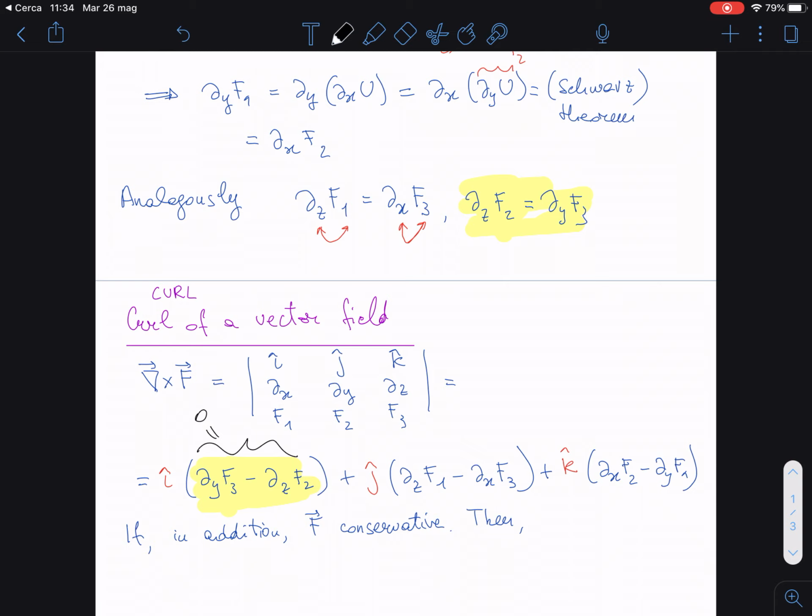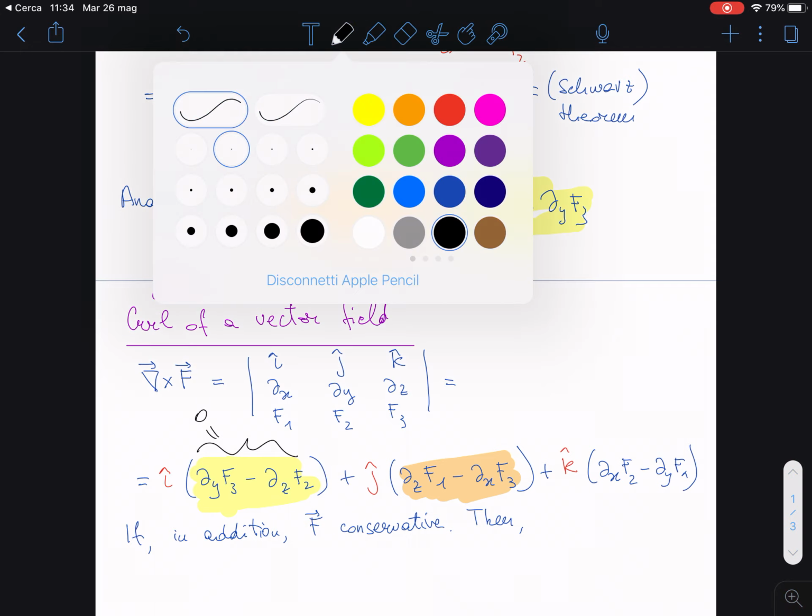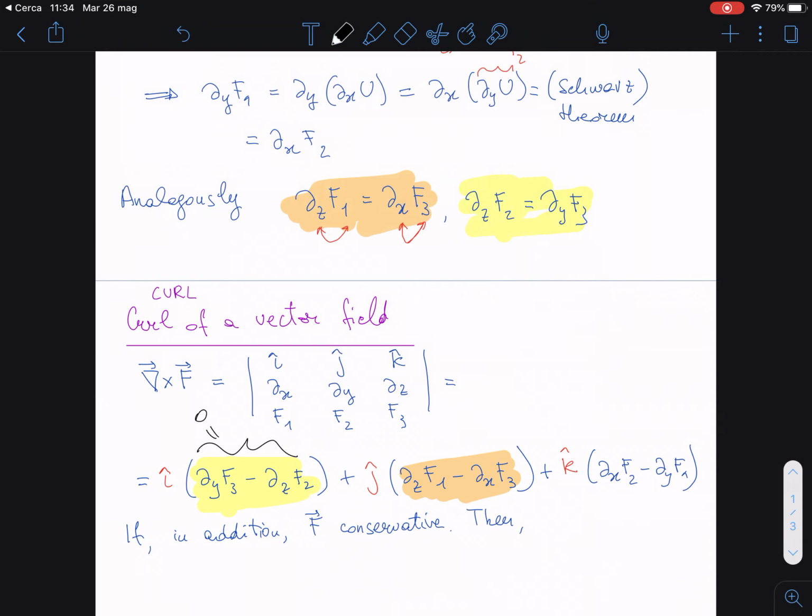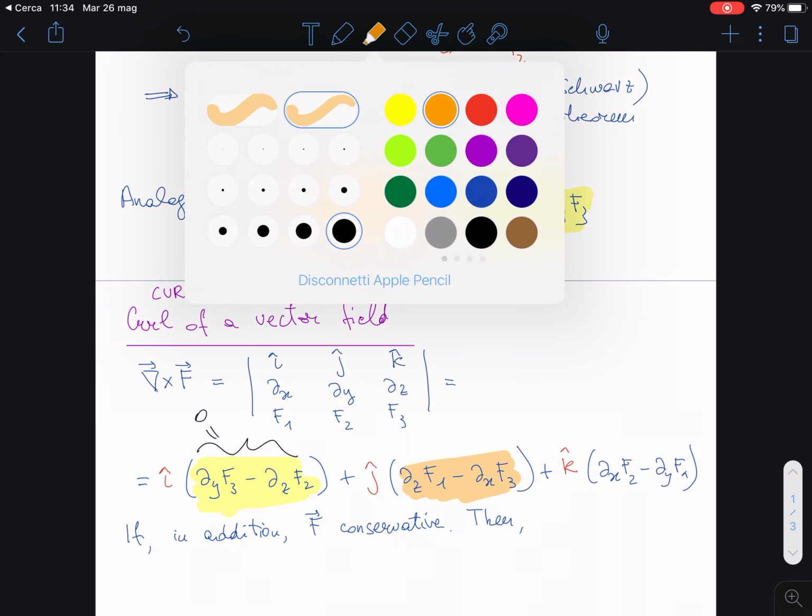And for what concerns the j component, here we have dz f1 minus dx f3, but here you have dz f1 is equal to dx f3. So also the j component is 0 too. And at the end we have the k component, and in the k component you have here dx f2 minus dy f1.